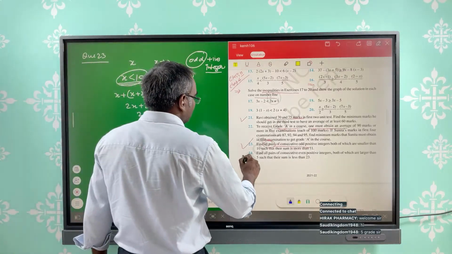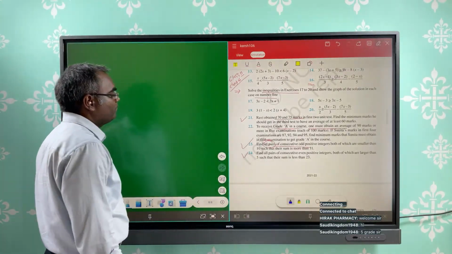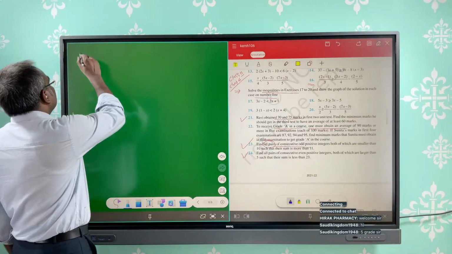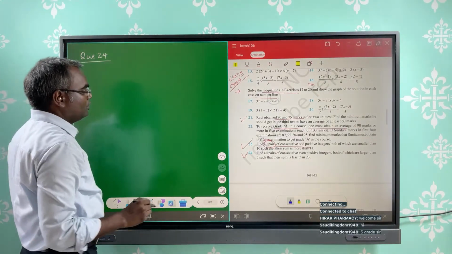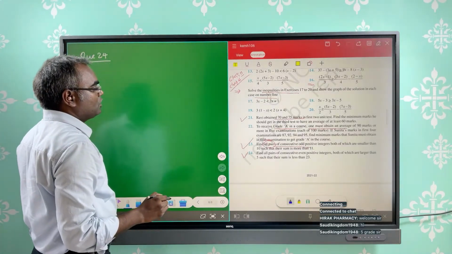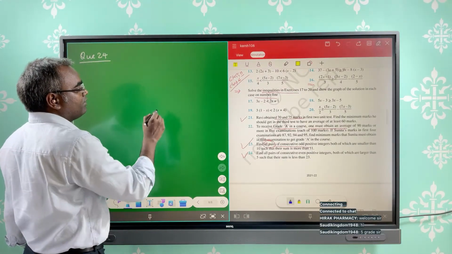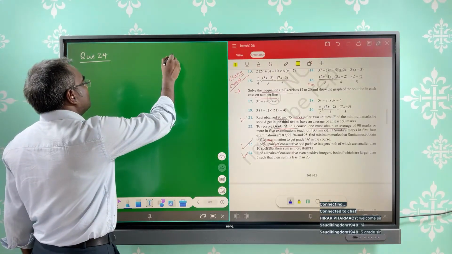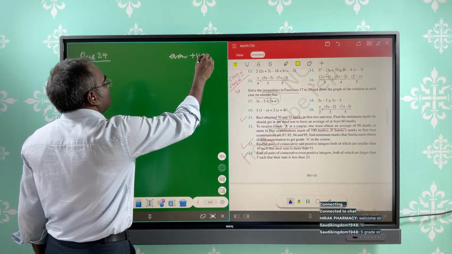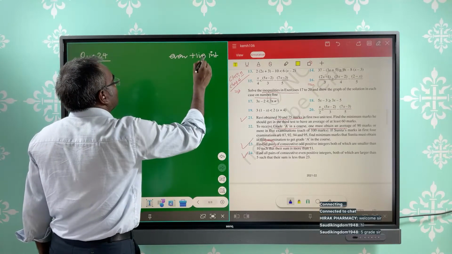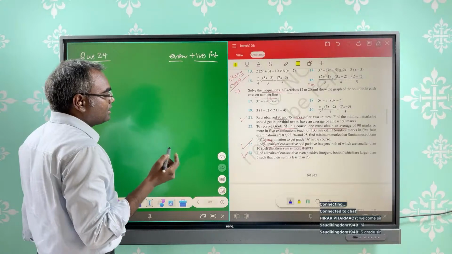So now we will solve question number 24. Find all pairs of consecutive even positive integers, such that both of which are larger than 5.